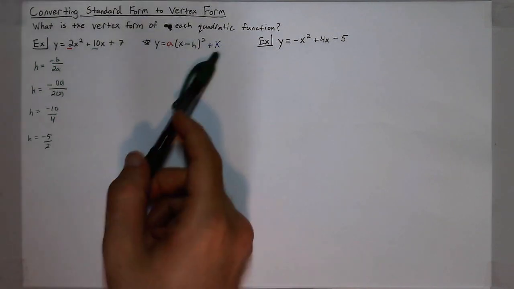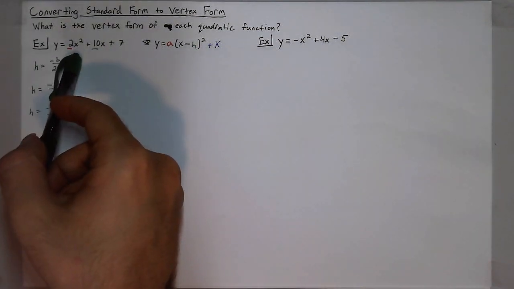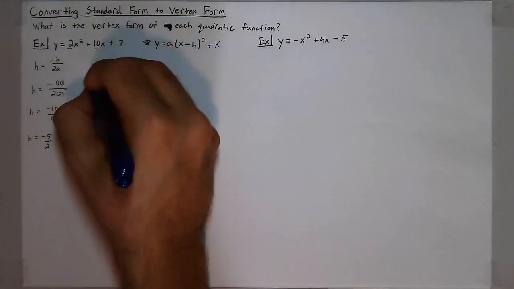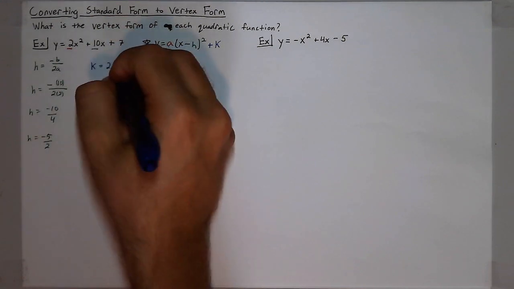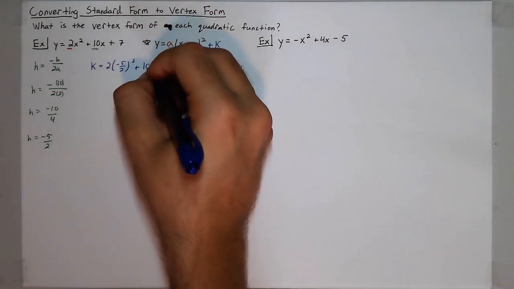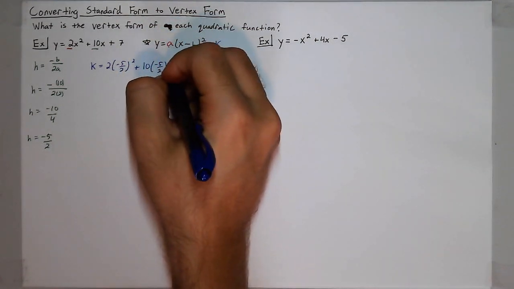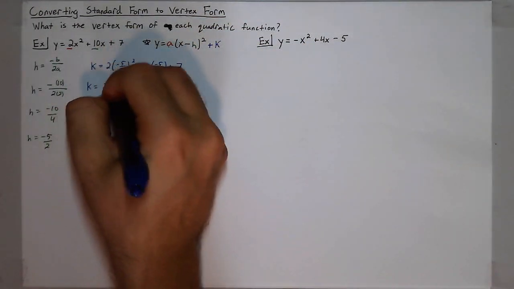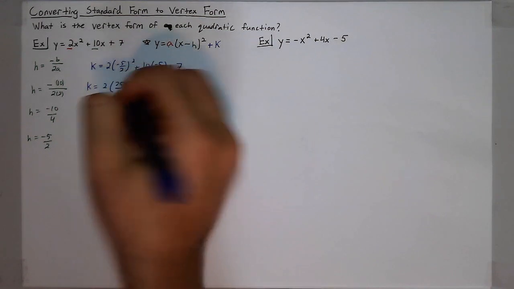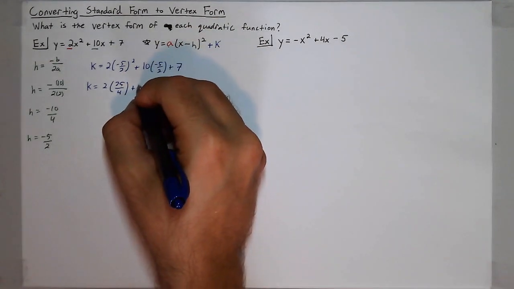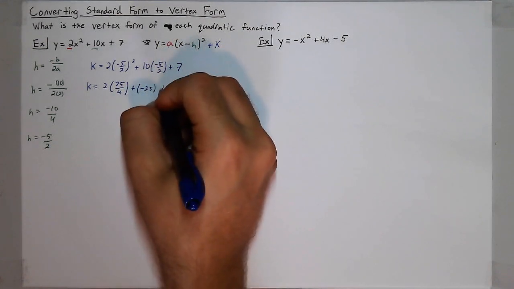Now to find k, we just plug this value into the equation. So k, which will be the y value of your vertex, should equal 2 times negative 5 halves squared plus 10 times negative 5 halves plus 7. So k will equal 2 times 25 fourths plus 10 divided by 2 is 5, so 5 times negative 5, which is negative 25, plus 7.